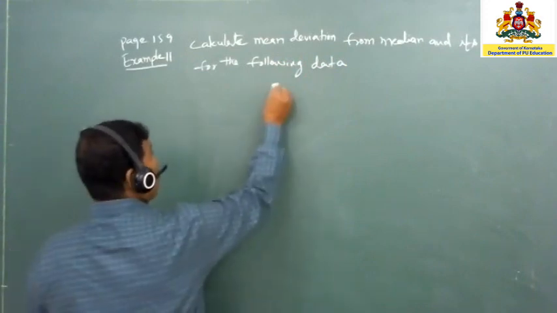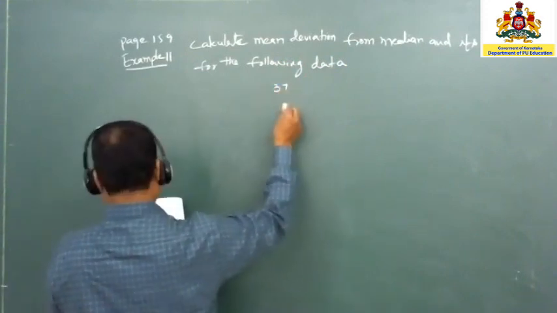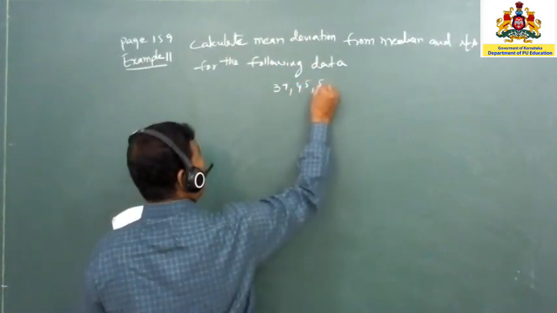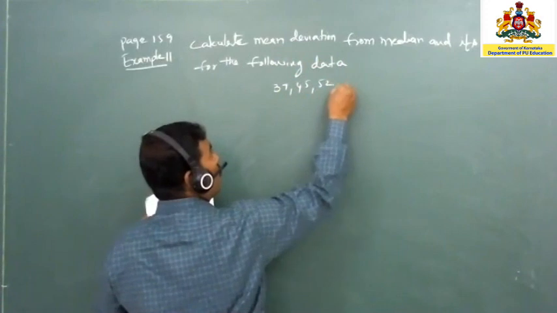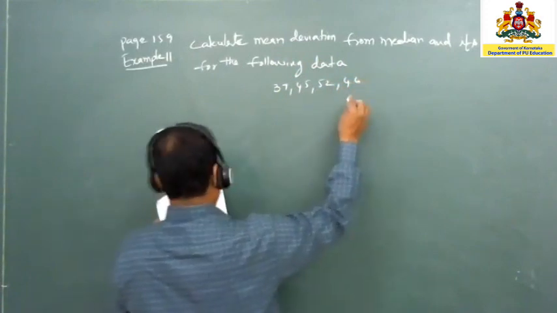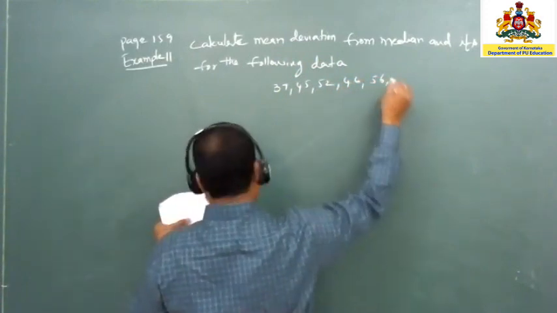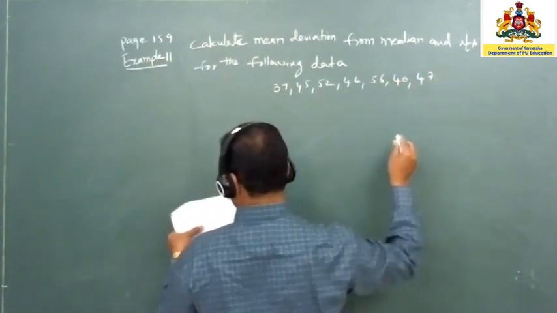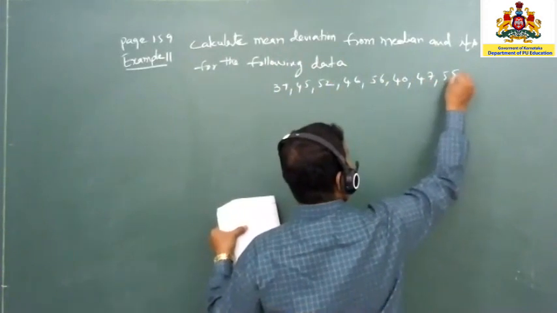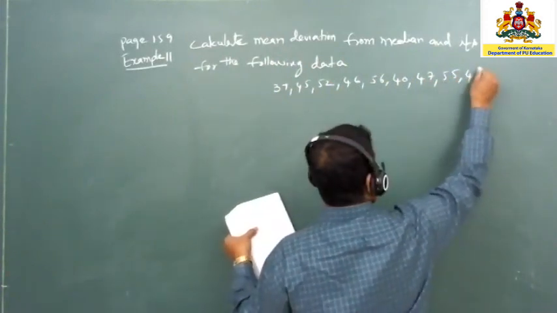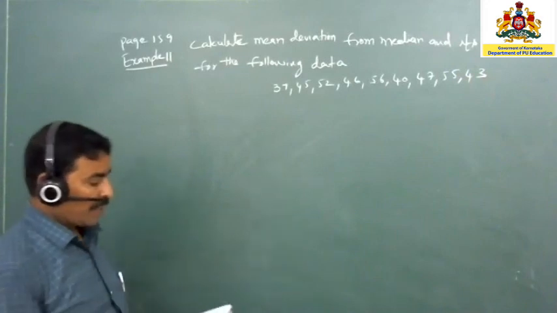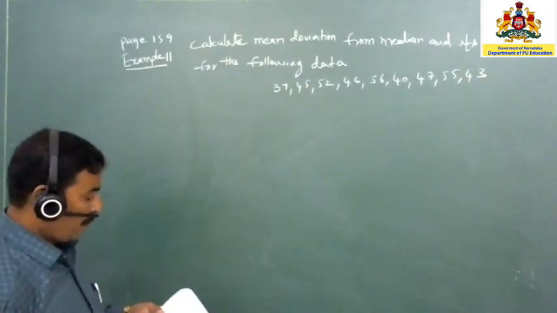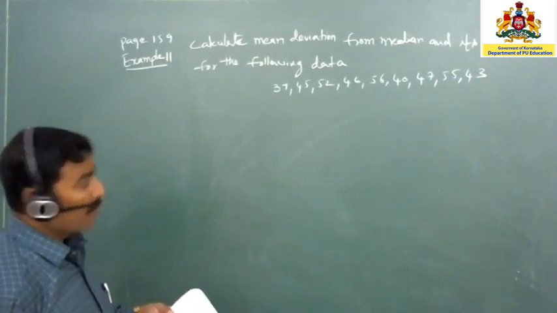Data observations are given as 37, 45, 52, 46, 56, 40, 47, 55, 50, 43.